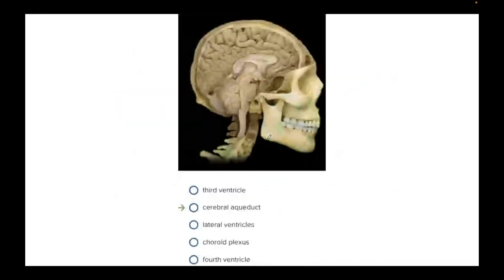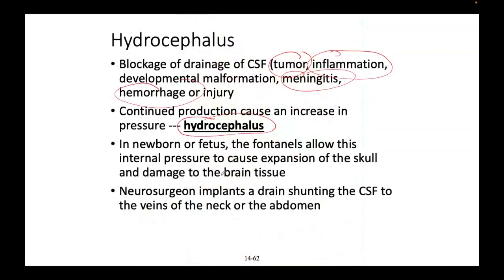And when that happens, you start to get this swelling, this huge inflammation. And then they have to create this drainage shunt where a neurosurgeon implants a drain, shunting the CSF out of the head into the veins of the neck or the abdomen, right?